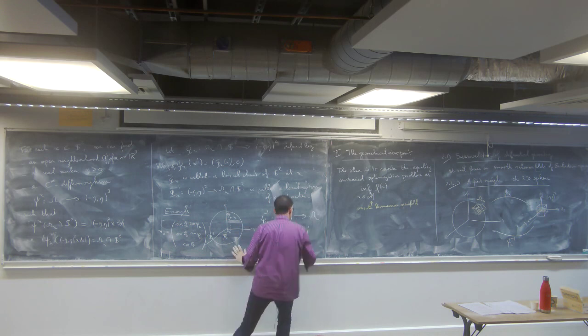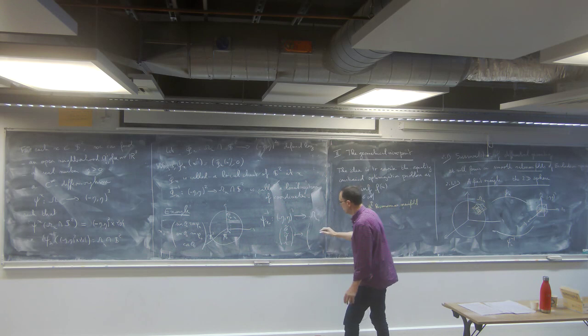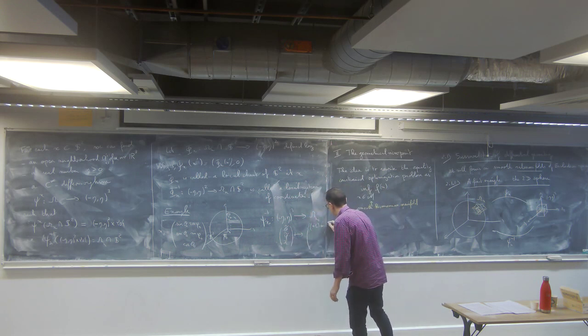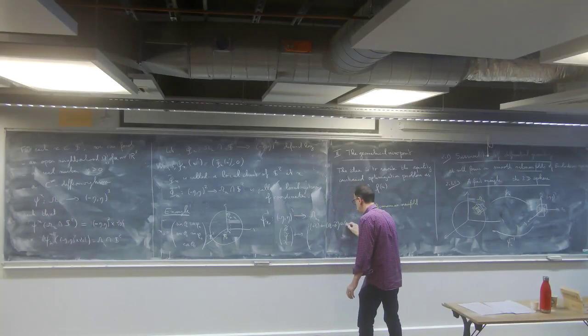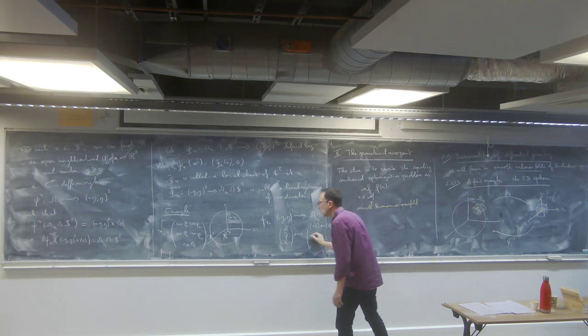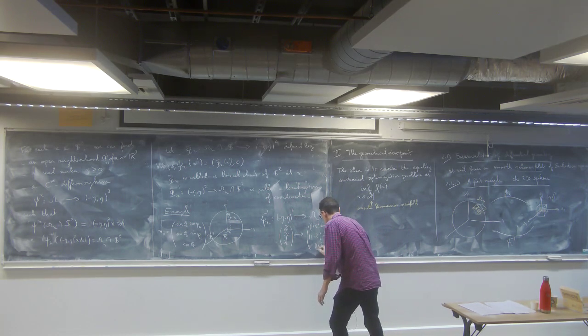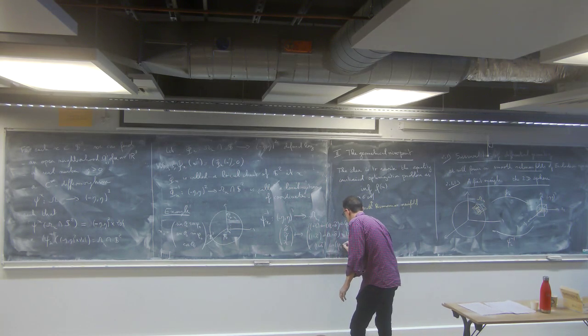Then I define the coordinates. This will be 1 plus r tilde, times sine of theta naught plus theta tilde, times cosine of phi naught plus phi tilde; 1 plus r tilde, times sine of theta naught plus theta tilde, times sine of phi naught plus phi tilde; and 1 plus r tilde, times cosine of theta naught plus theta tilde.